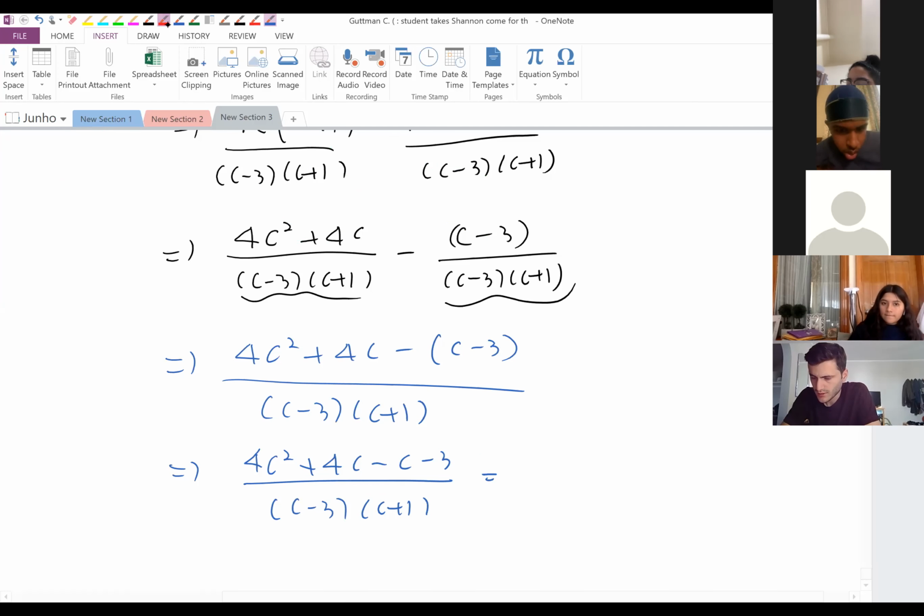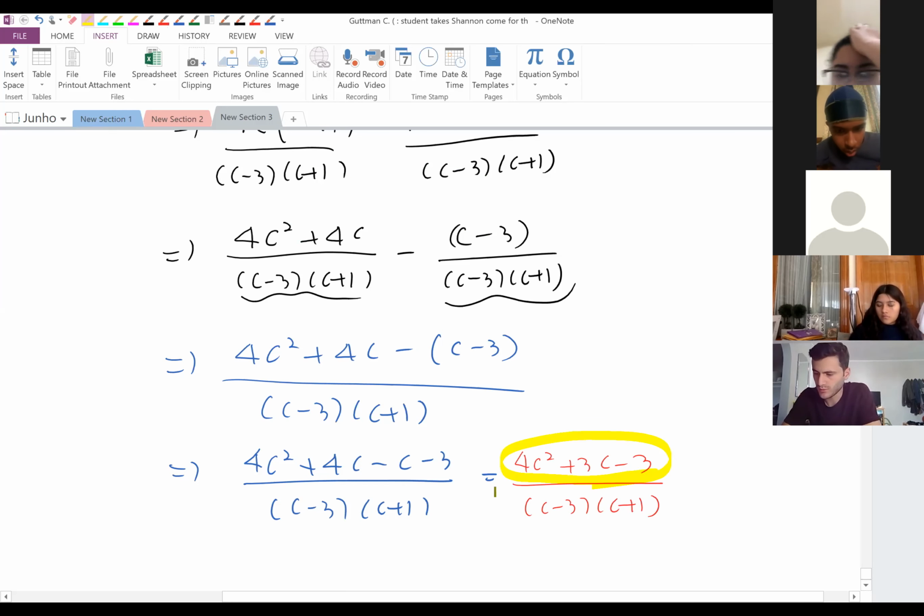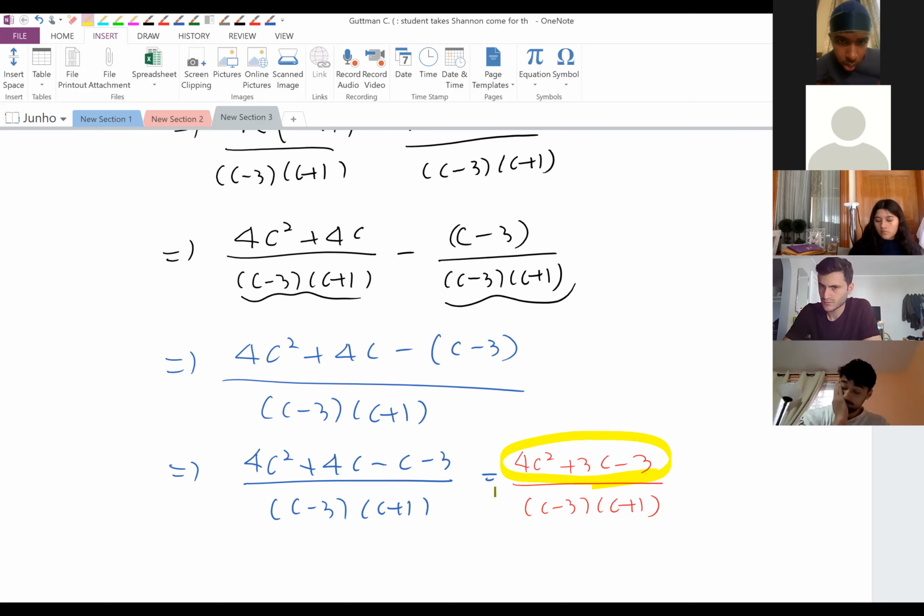Therefore, 4c squared plus 3c minus 3 over c minus 3, c plus 1. Wow, it's a long procedure, but now look at here. What is this? It's like a trinomial, right? Like an ax squared plus bx plus c form.